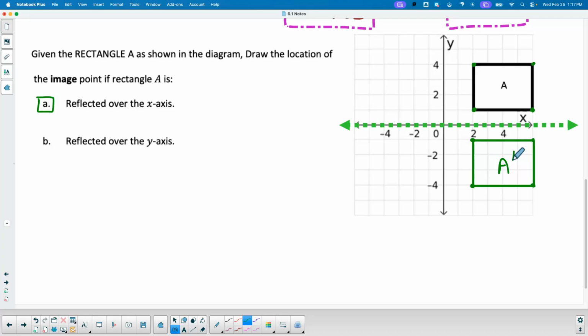It's not the original; the original's name was A. It's the new one, so that's why we call it A prime.